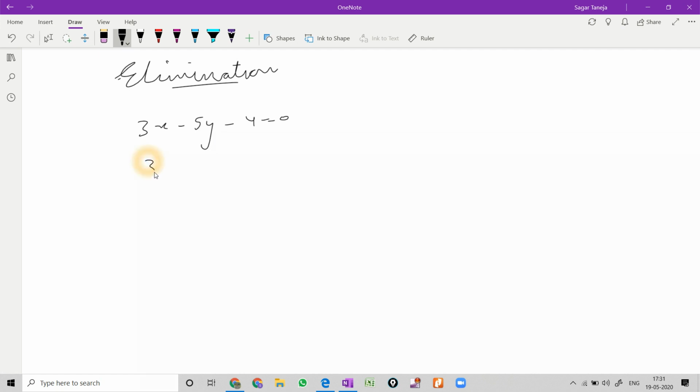So let us write the way we are writing always: 3x minus 5y is equal to 4. This will be first equation, and second, 9x is equal to 2y plus 7. So let us also write this, bring this 2y this side. So 9x minus 2y is equal to 7. This is our second equation.